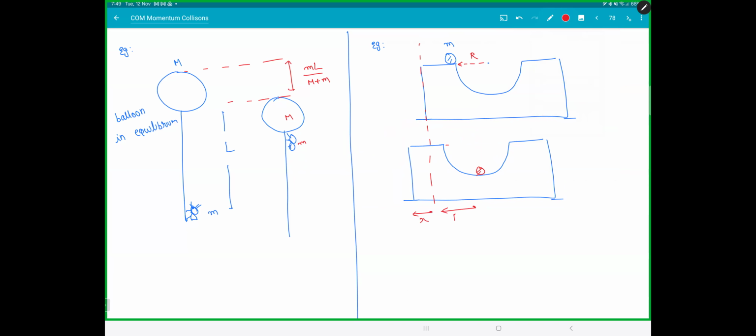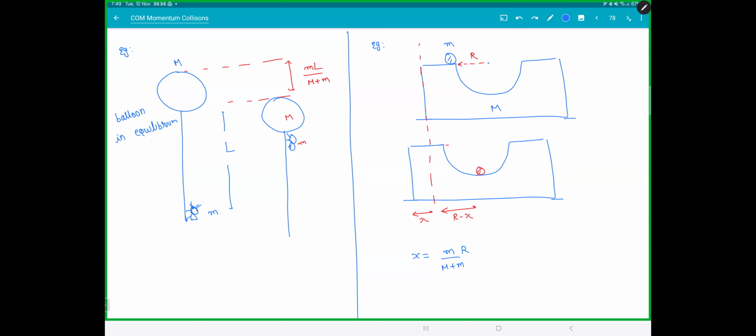So this will be r minus x. Again, the same question: how much did the wedge go backward? Same thing, x will be mr by (M plus m). In place of L, we have r, isn't it? Because you're only finding the x coordinate, it doesn't matter what the y coordinate is.